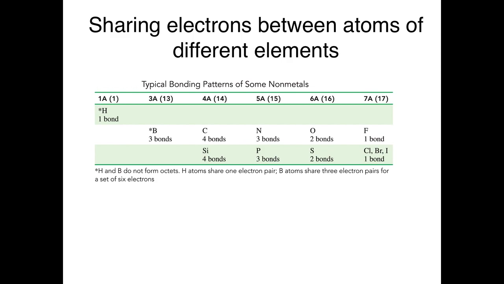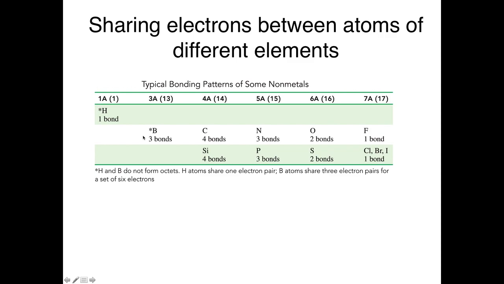In order to obtain those 3 electrons, it will have to share, making 3 bonds. Phosphorus in the same group will also make 3 bonds. Whereas when you move to 6A groups, oxygen and sulfur, they will always make 2 bonds. Moving on to the halogens, 7A group, they will always make 1 bond. The same is true for hydrogen, which needs that duet, so it will need 1 more electron, making 1 bond.